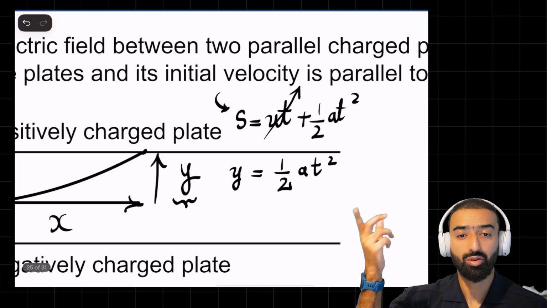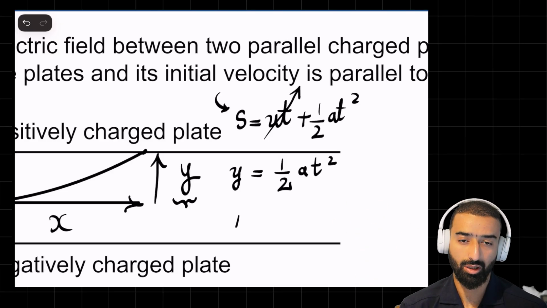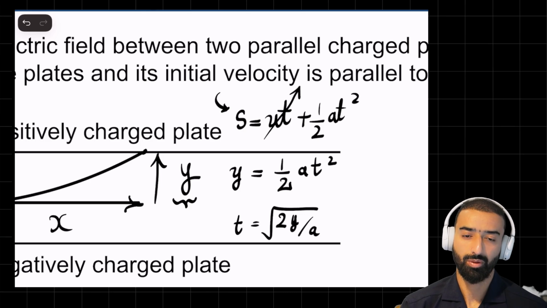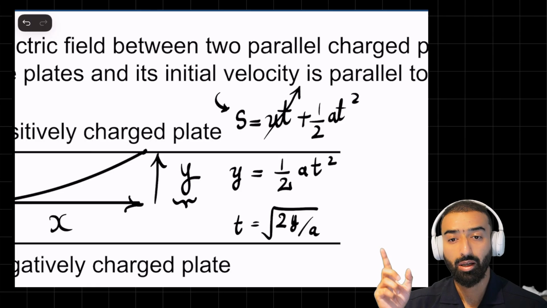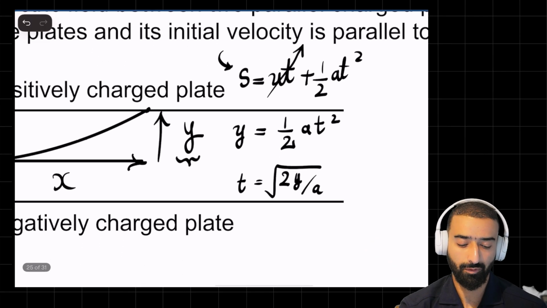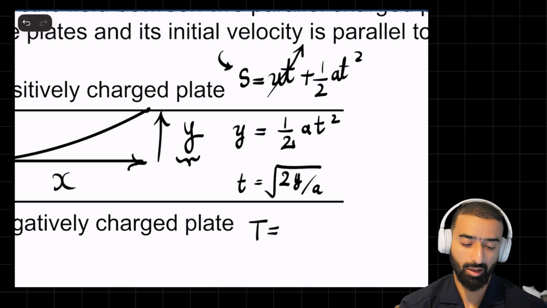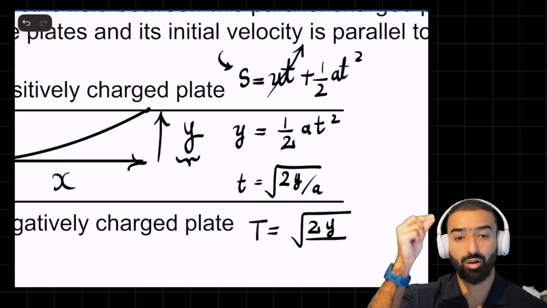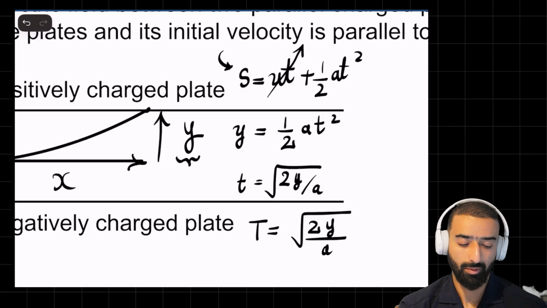I'm going to rearrange this for t. So t would turn out to be the square root of 2y over a. Note that this is the time when the electron hits the top plate. That means we have found the time the electron moves. It's the square root of 2 times the distance from the center to the top plate, divided by a.